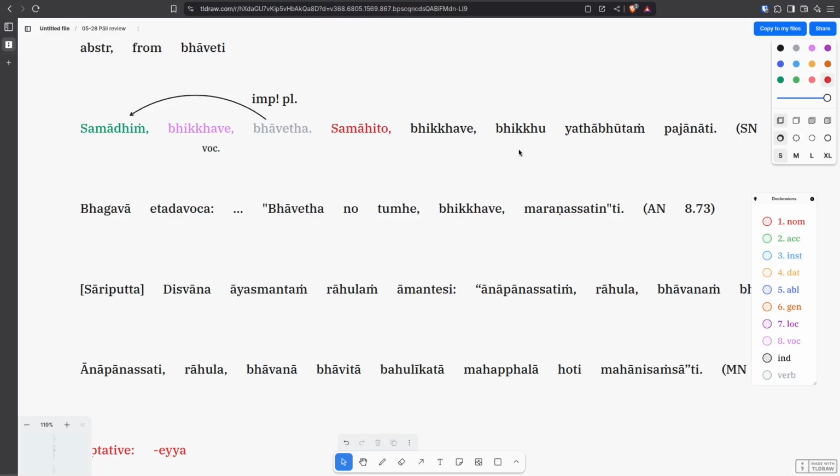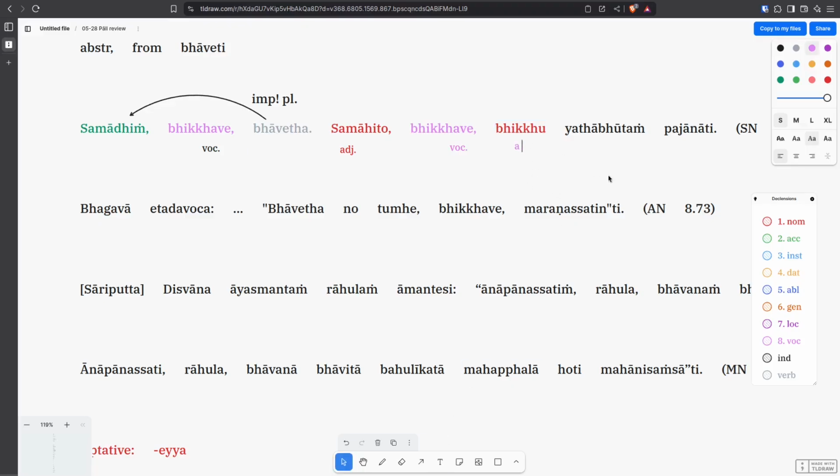Samahito here is the adjective to bhikkhu, one who is concentrated. Here you can see the vocative is bhikkhave, like he's addressing them, but the nominative is bhikkhu.